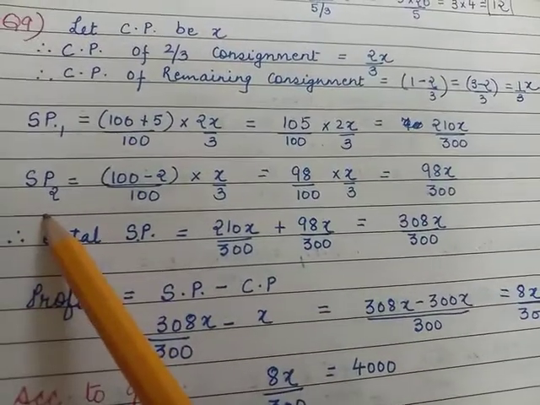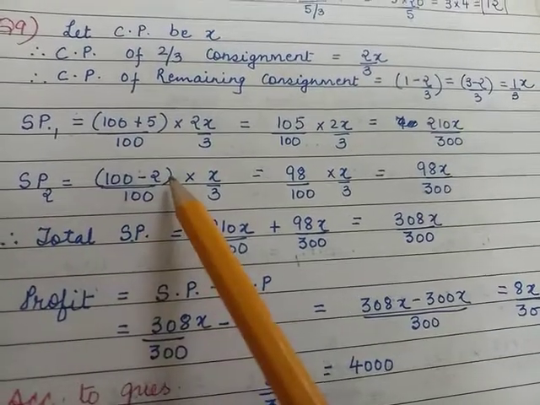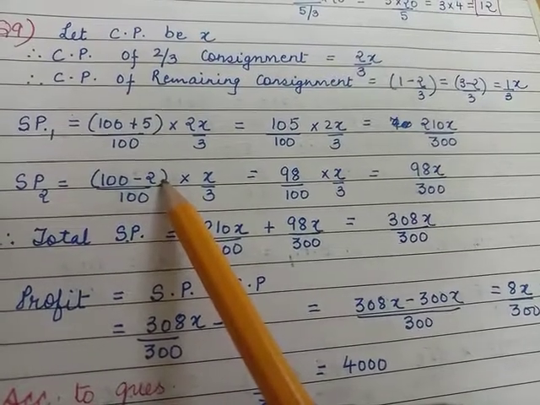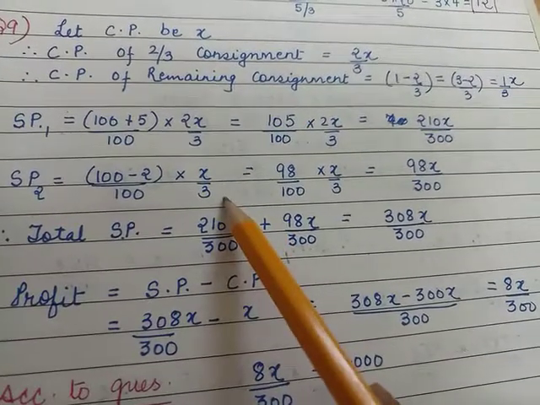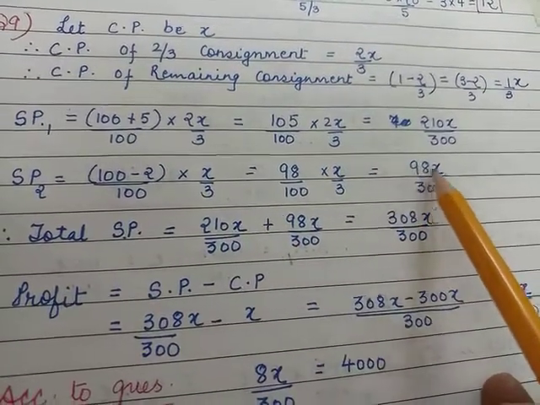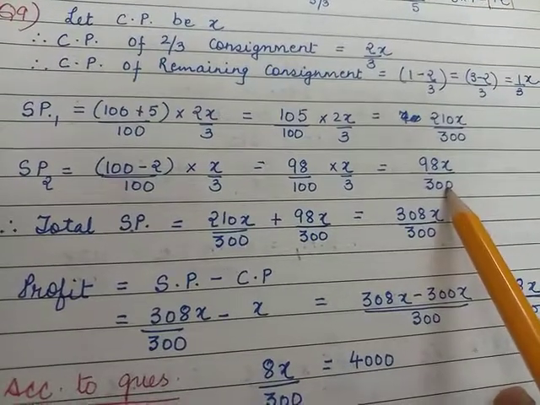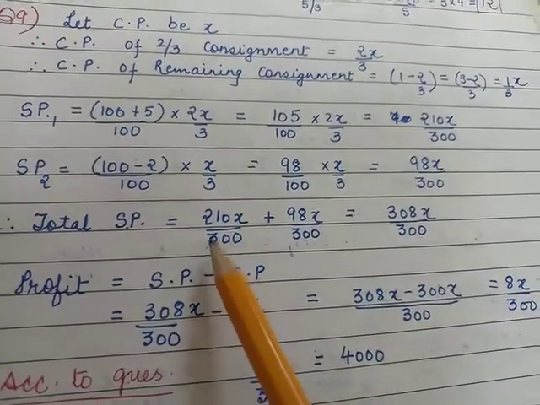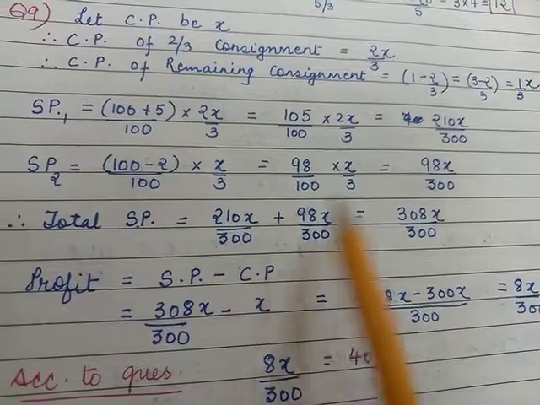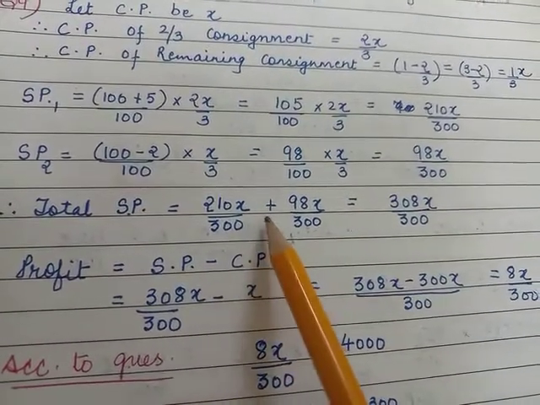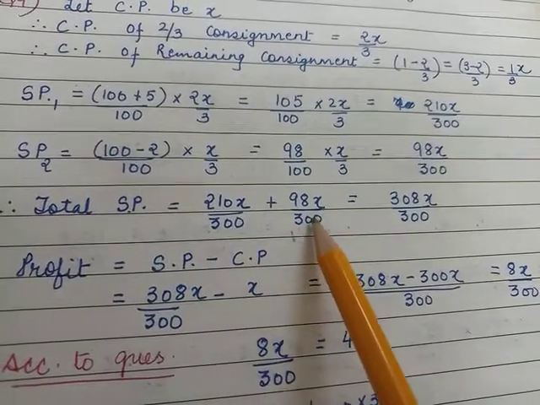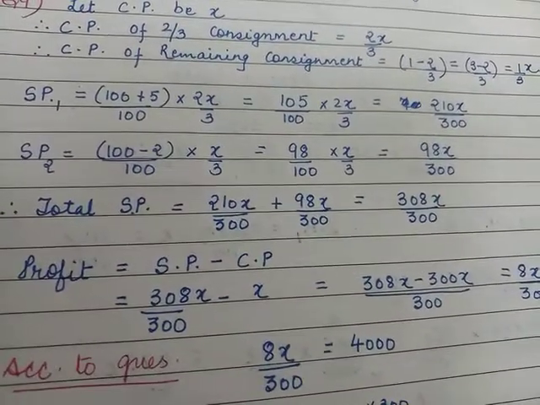The second consignment, or the remaining consignment, he is selling at a loss of 2%. So we write (100 minus 2) upon 100 into x by 3. That becomes 98x upon 300. See, the total selling price will become the addition of these two, that is 210x upon 300 plus 98x upon 300.